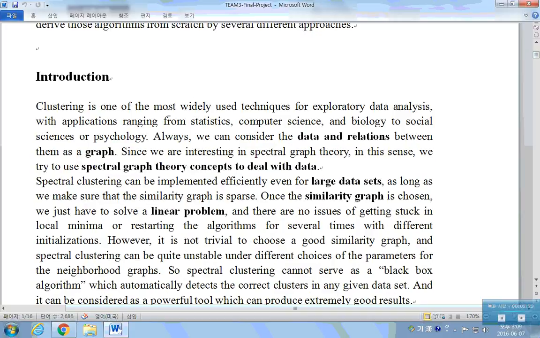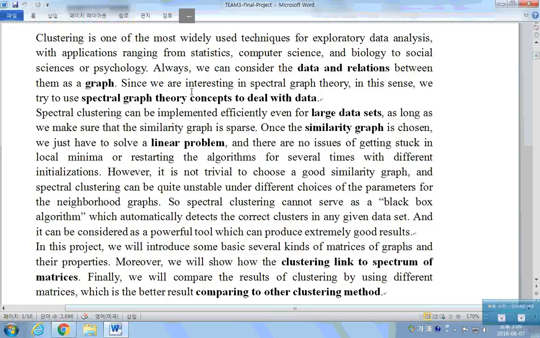First of all, we want to consider the data as a matrix, with some rules we follow to translate the data and the relations into a graph. And for a graph, we can decide which matrix we can use.